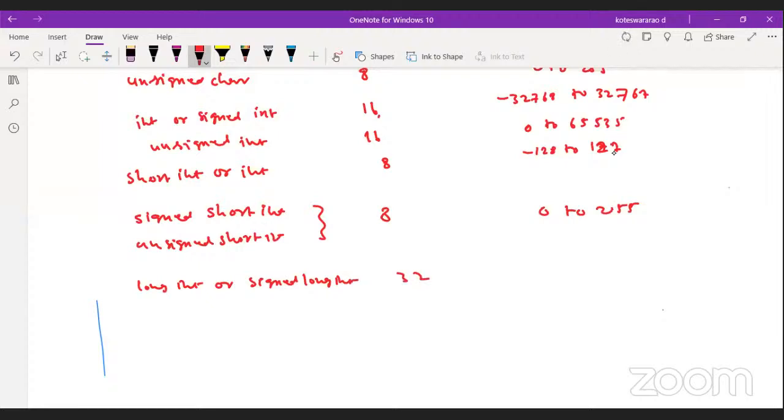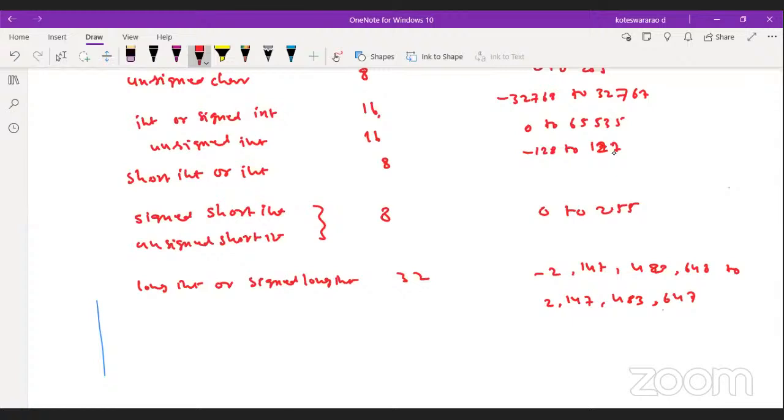It is 32-bit data, and the range is minus 2,147,483,648 to plus 2,147,483,647. Of course, it is in the billions.